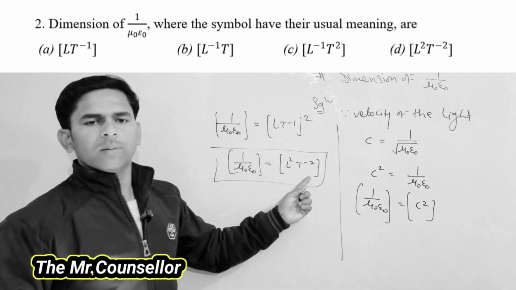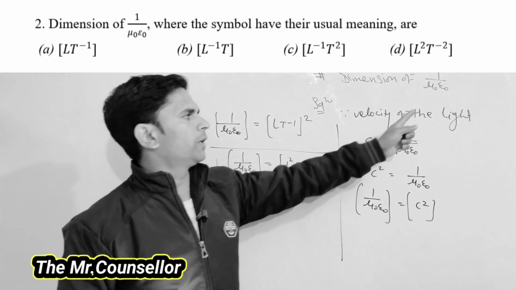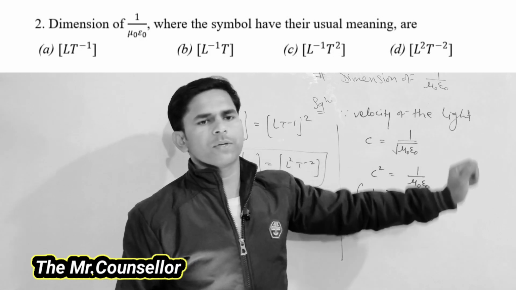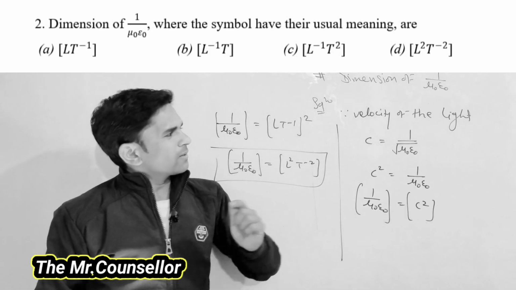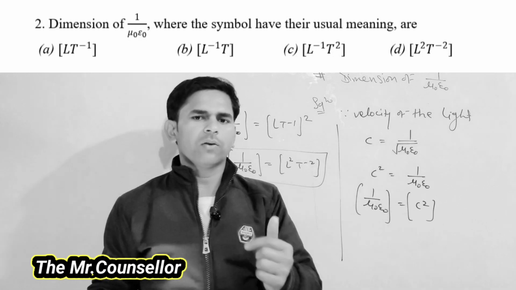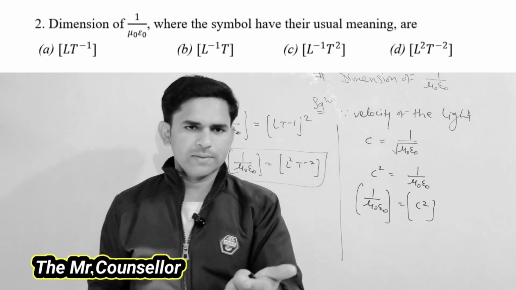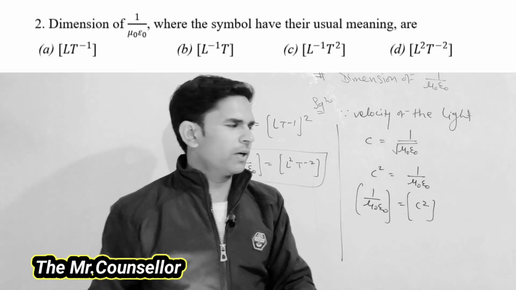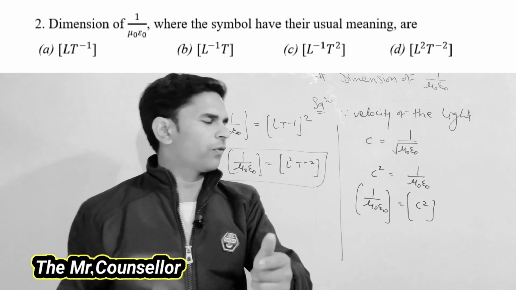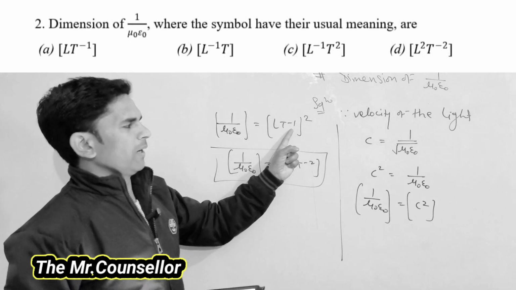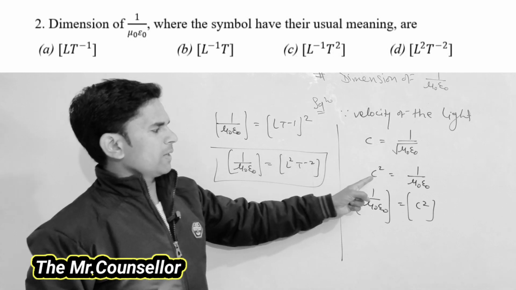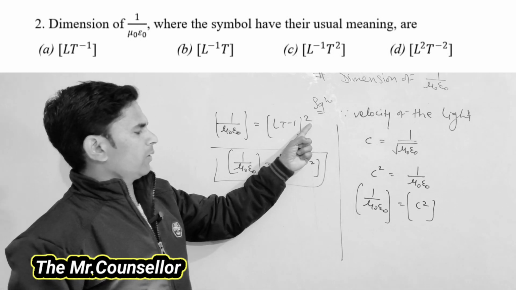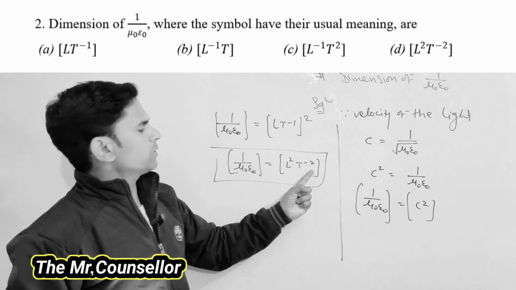L square T minus 2 is the dimensional formula of 1 upon mu naught epsilon naught. If you ask why we are writing velocity here, we know this is the speed of light c. You will get the same dimensional formula LT minus 1, and since c square is there, you square it and get L square T minus 2.